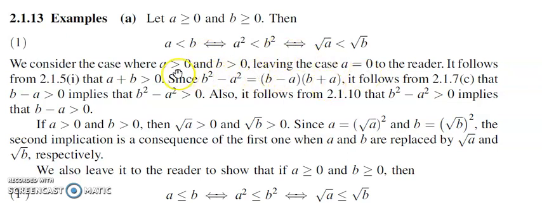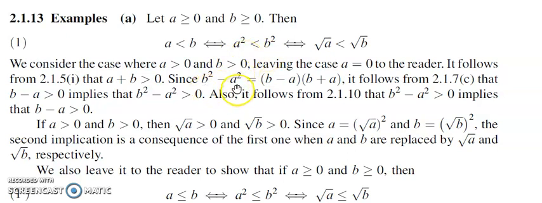Now we have to prove the case A greater than 0 and B greater than 0. So when A and B are greater than 0, which implies A and B belong to P, then by the ordering property A plus B also belongs to P. Then we have to prove that A square less than B square, which otherwise means that B square minus A square belongs to P, or B square minus A square greater than 0.